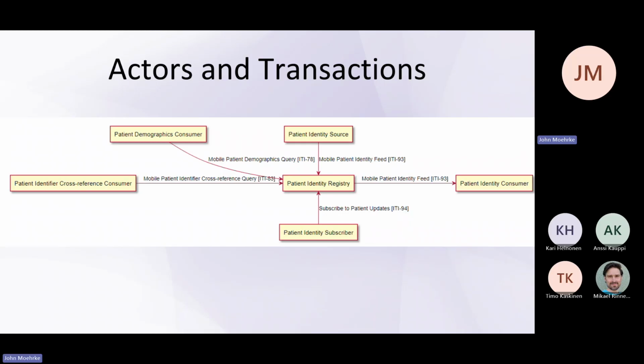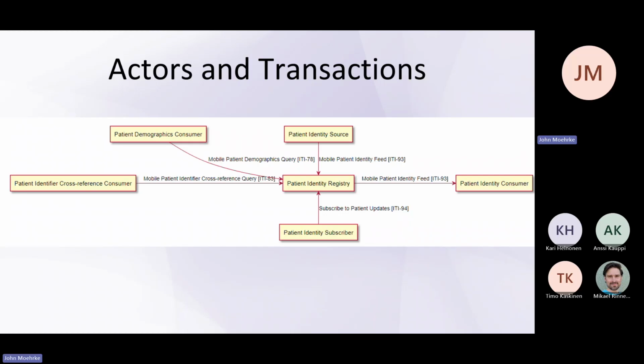So we do add the deduplication responsibility to the source, which means when a new person shows up and does data entry of their demographics, the source does need to search, probably using the dollar match, to see that this patient doesn't already exist. If they already exist, is there any change? If there's a change, then the feed would include an update. If they don't exist, then the feed would include a create.